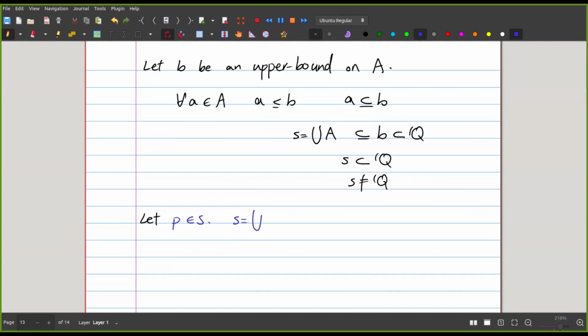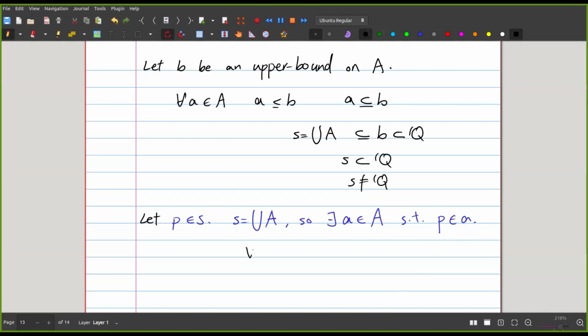S, again, is the union of A. So it means that there exists some set a in A such that p is in small a, right? But again, this a is a cut.